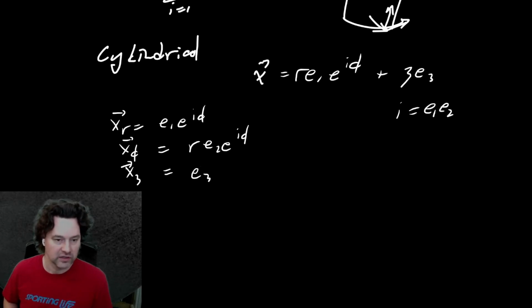So our x sub r and our x sub z are unit vectors, but our x sub phi is not.